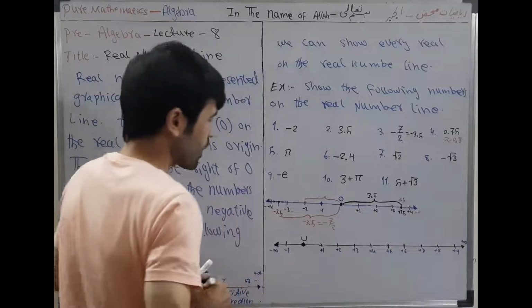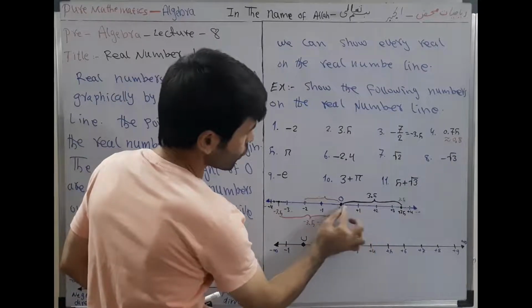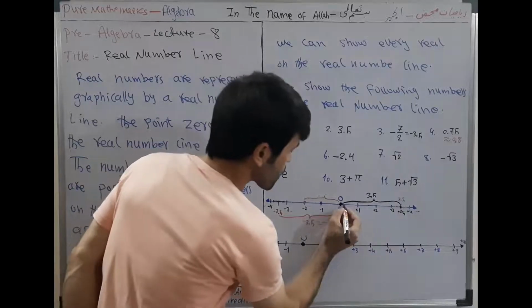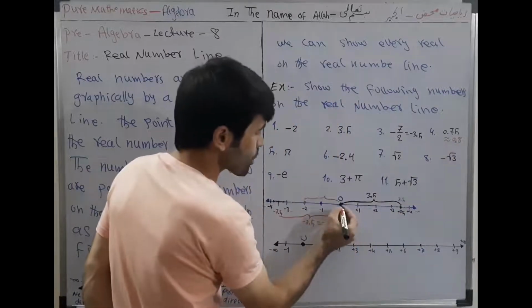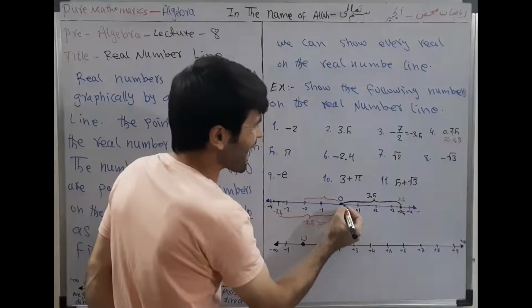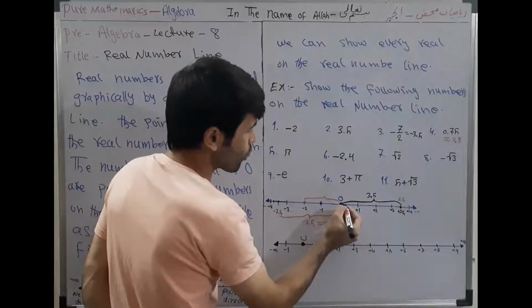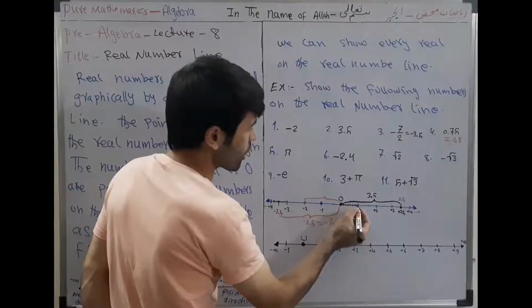Therefore, from 0 up to 1, we divide into 10 parts: 1, 2, 3, 4, 5, 6, 7, 8, 9, 10.